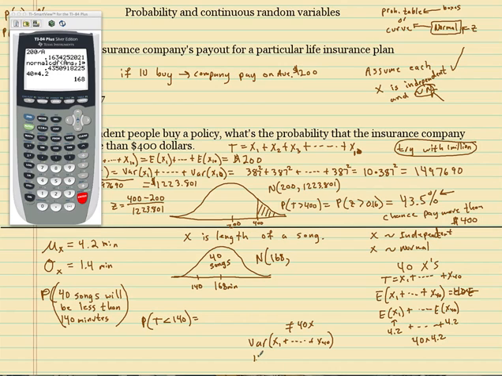So the variance is 1.4 squared plus 1.4 squared. How many of these 1.4s do I have? We have 40 of them. So it's 40 times 1.4 squared. That's the variance. So the standard deviation of the total equals the square root of 40 times 1.4 squared.